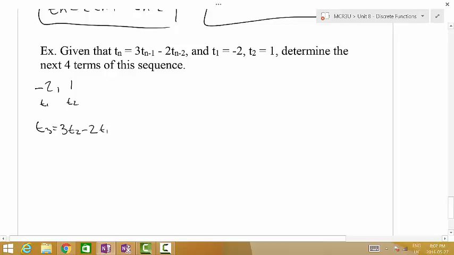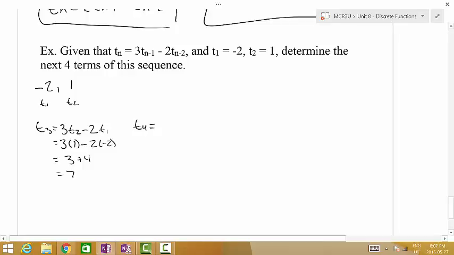So T3 equals 3 T2 minus 2 T1. We plug in what these are. So we get 3 times 1 minus 2 times negative 2. 3 times 1 is 3. Negative 2 times negative 2 is positive 4. Gives us 7.